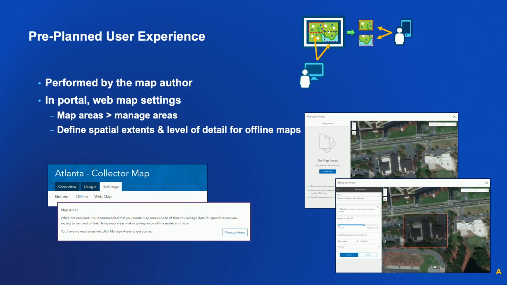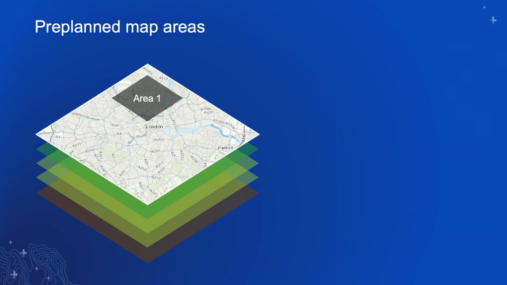And then the app just basically downloads that area. Because it greatly reduces the amount of customizability with these settings, it's much faster. And also, the map author can pre-generate these map areas before the app's ever even deployed onto a user's device.